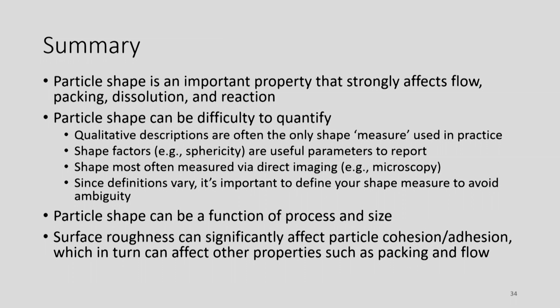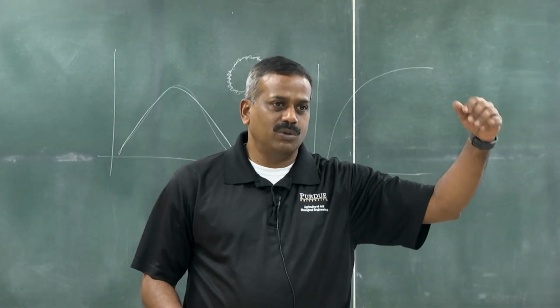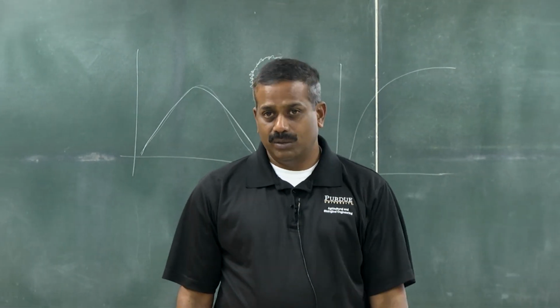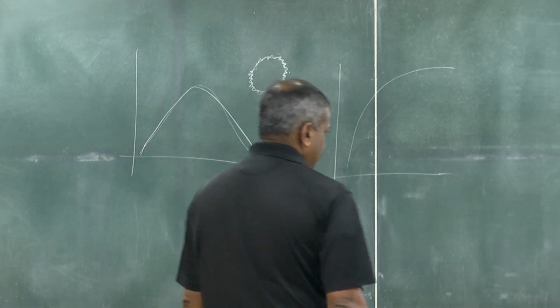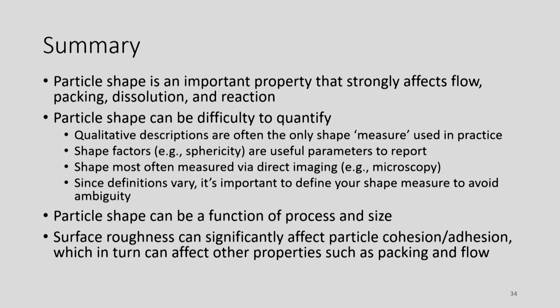That's why it's taking more binder than it should. Then you change the milling process so that it's not rougher anymore, so it can do the same process with a lower amount of binder. So depending on the process and on your end goal, you will have to characterize different shapes and surface characteristics.